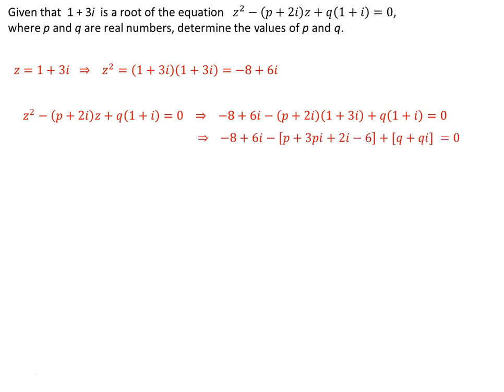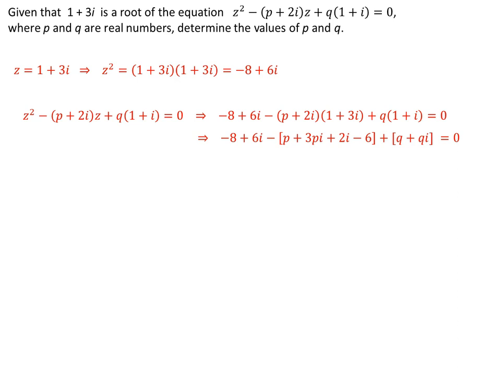So I've got minus 8 plus 6i, take away the result of multiplying out (p plus 2i) by (1 plus 3i). So that's take away p plus 3pi plus 2i plus 6i squared, but 6i squared is the same thing as minus 6. Then add q times (1 plus i), which is the same as q plus qi.